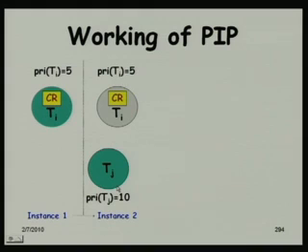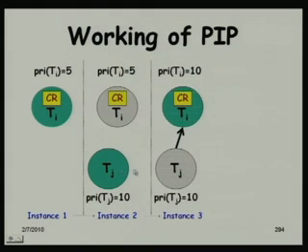Because Tj did not require the resource, it started executing, but after some time it needed the resource and it started waiting for the resource to be released by Ti, and Ti got execution on the CPU.